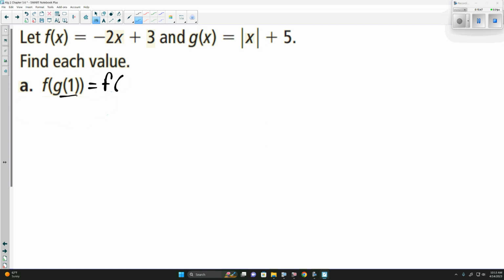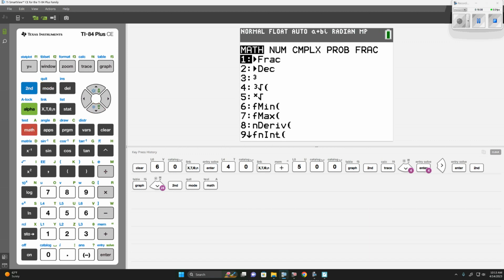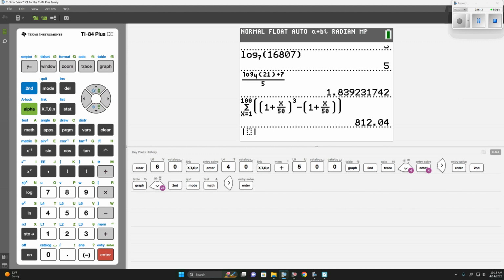Now we need to plug 1 into g of x. So we have the absolute value of 1 plus 5, f of the absolute value of 1 plus 5. Now we can plug these into the graphing calculator if we want to. On the graphing calculator, if I press math, over to number, ABS at the top, it lets us do absolute values.